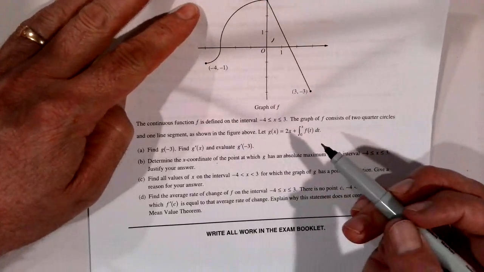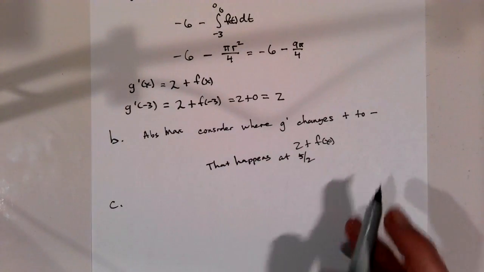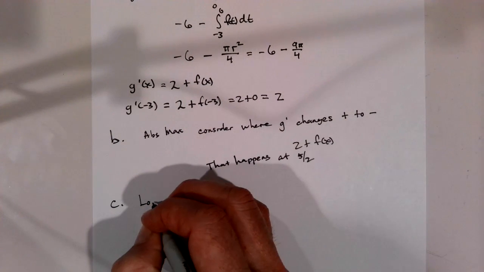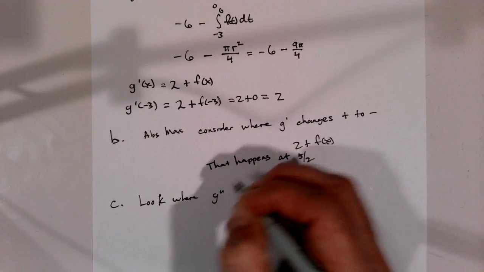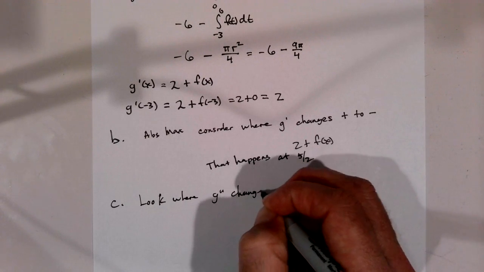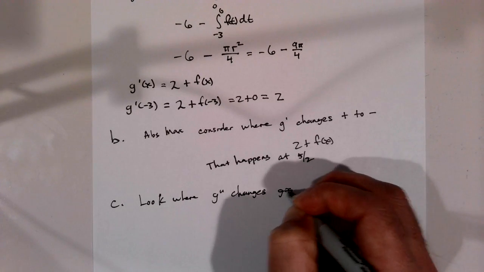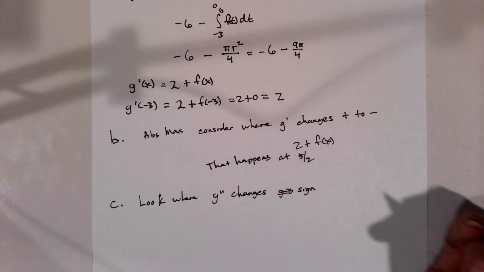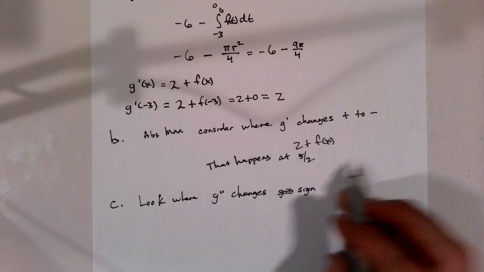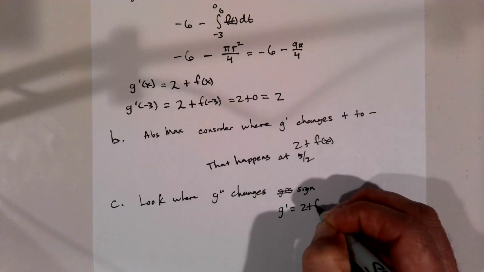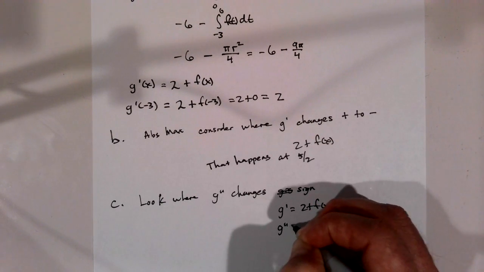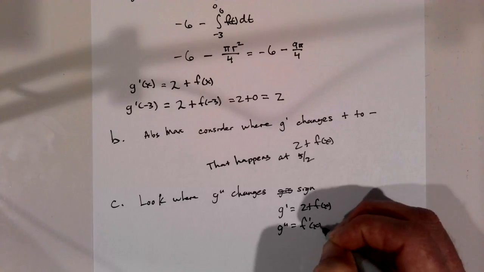So we want to look for where g double prime changes sign. Well, g prime is equal to 2 plus f of x, so g double prime is equal to f prime of x.